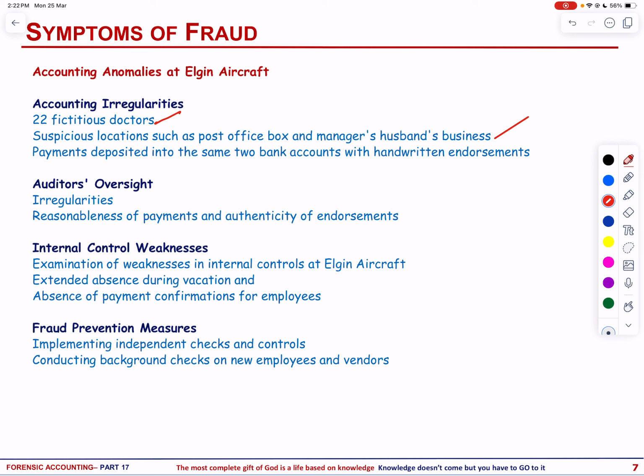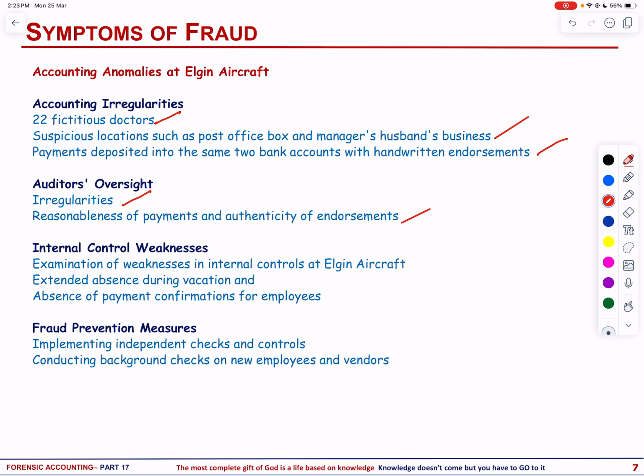Payments to these doctors were deposited into the same two bank accounts and bore handwritten endorsements. However, auditors failed to notice these irregularities due to misplaced trust in the perpetrator and a lack of thorough investigation. They overlooked important questions about the reasonableness of payments and the authenticity of endorsements and addresses.